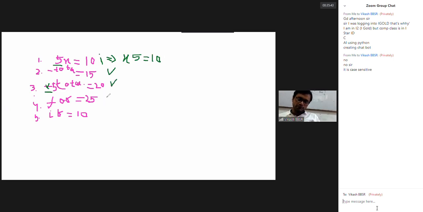Fourth one. Valid or invalid? What is the reason? It is invalid. Why? Very good. That means you know that keywords are not allowed.